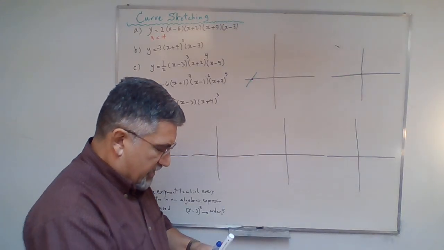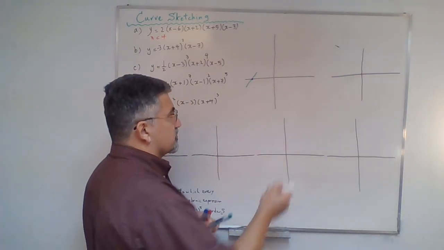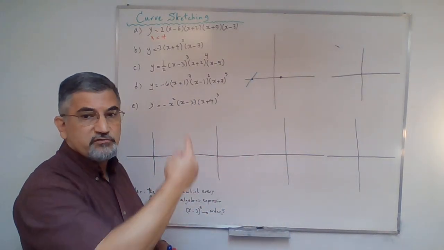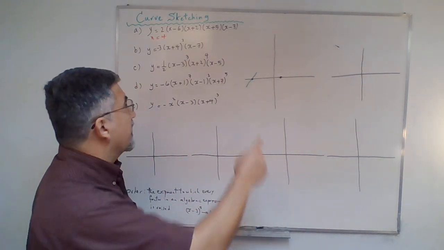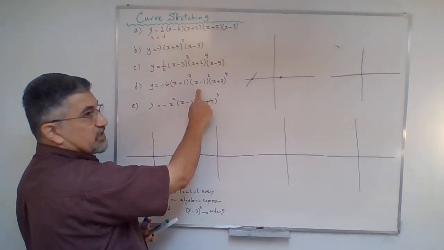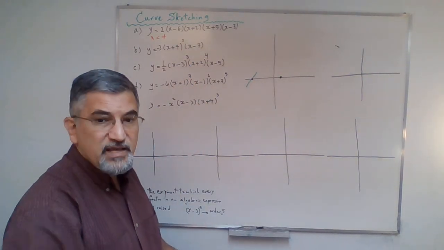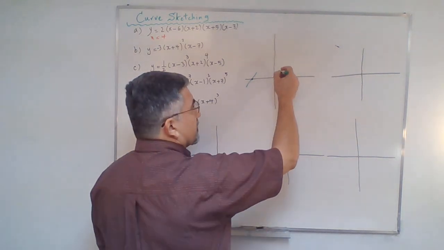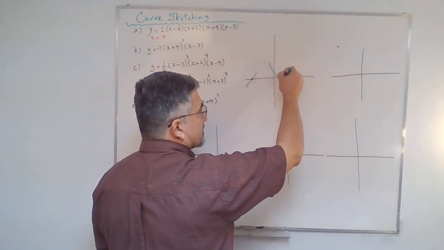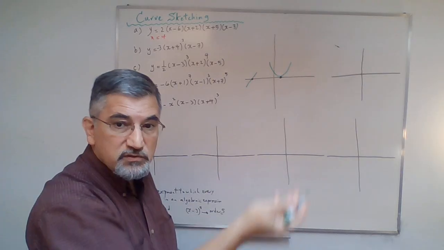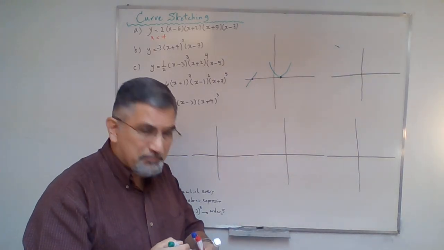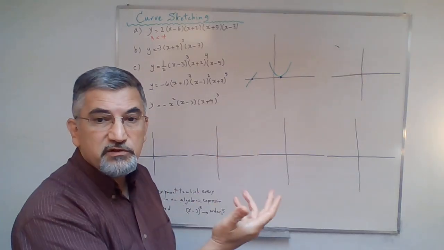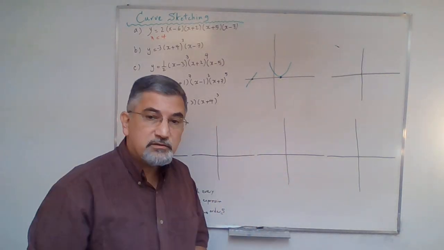If you have another 0 somewhere else, and the order of your algebraic expression is 2, like here, or like here, in that case, bouncing is happening, just like a parabola. So the graph could bounce up like this, or it may even bounce down. But what is not happening is crossing.